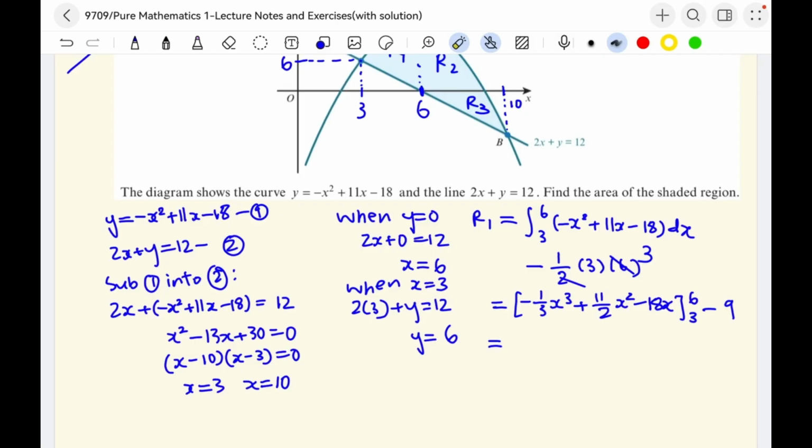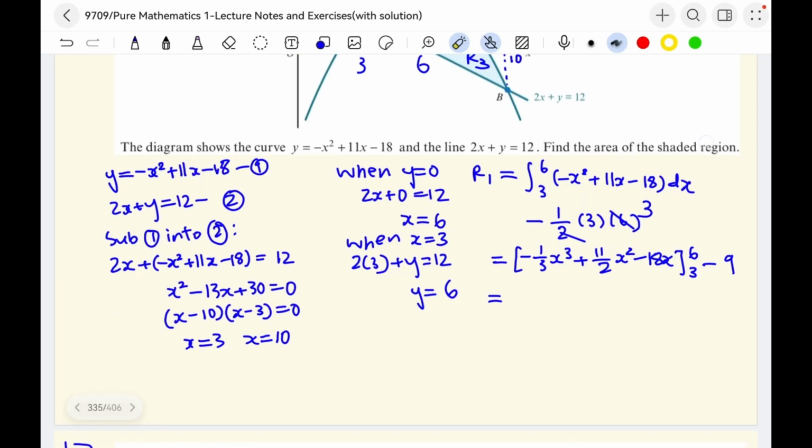So to save our time, I'll calculate the definite integral with the limits given directly. So what we will get is, let me see, okay, you will get 63 over 2.